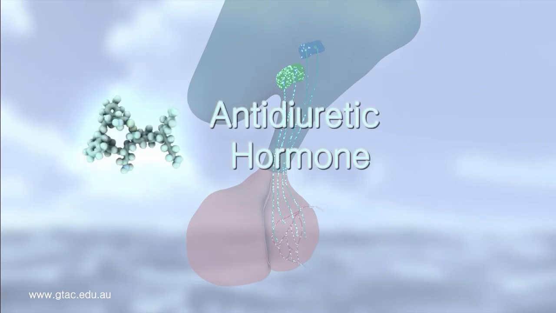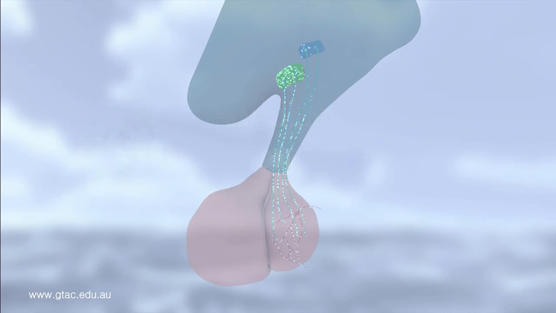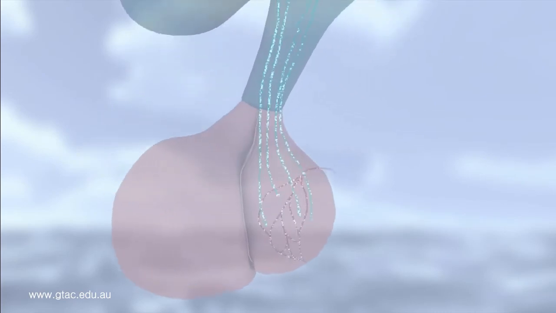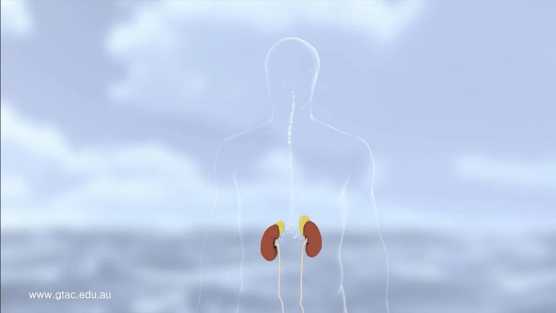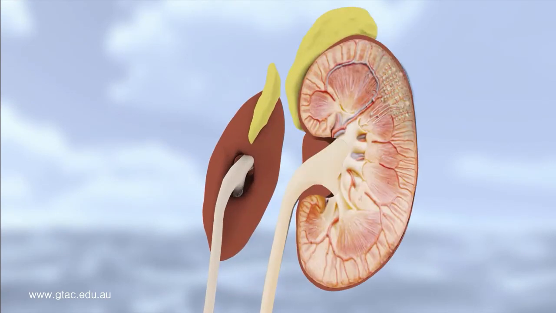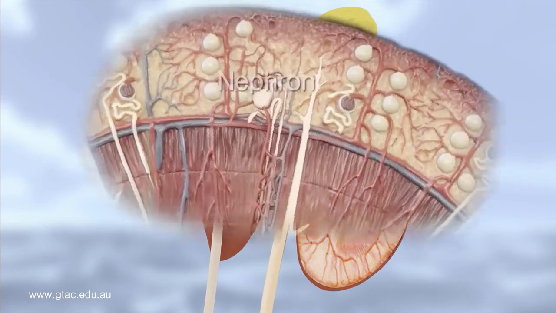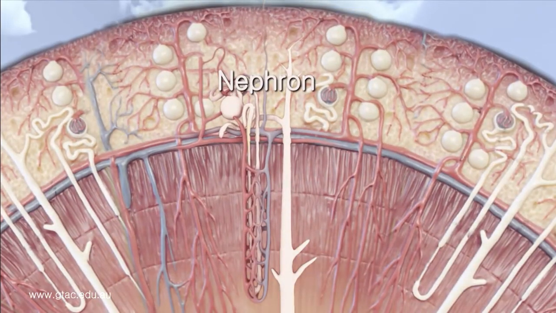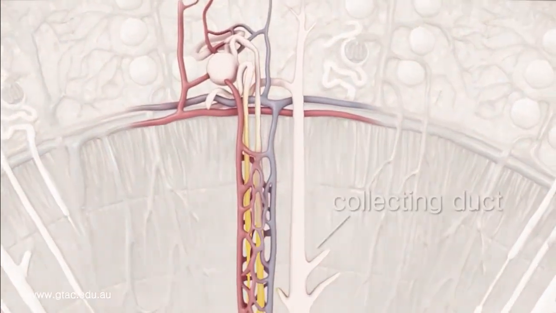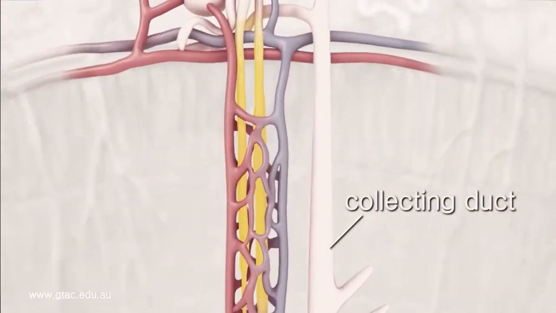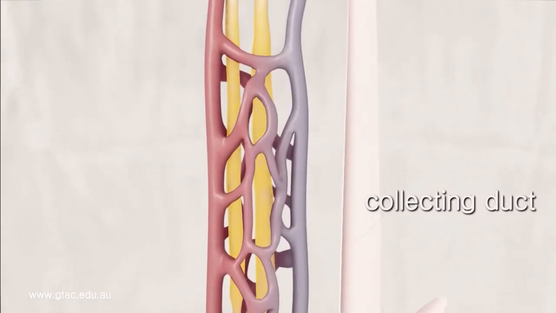ADH is a hydrophilic peptide hormone. The ADH is released from the pituitary and travels in the blood to the kidneys, where urine is produced. Nephrons in the kidney filter urea, salts and other solutes out of the blood. The last part of the nephron, the collecting duct, is the final place the body can reabsorb water.